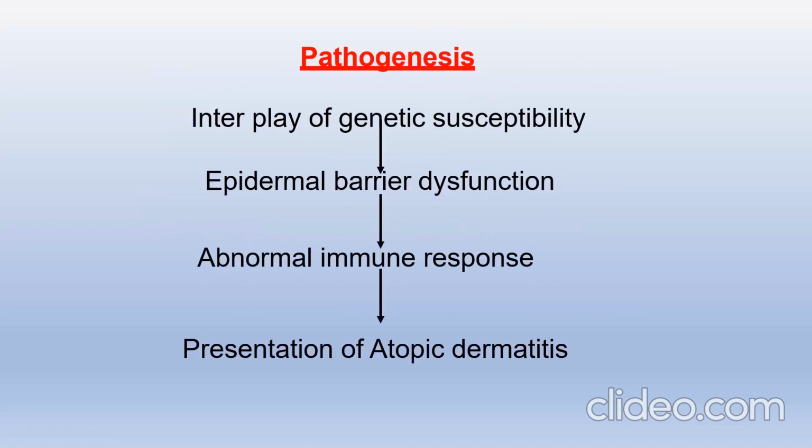Then pathogenesis. Interplay of genetic susceptibility, which leads to epidermal barrier dysfunction, which leads to abnormal immune response, and it shows atopic dermatitis.